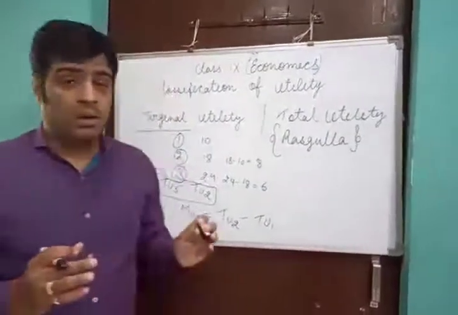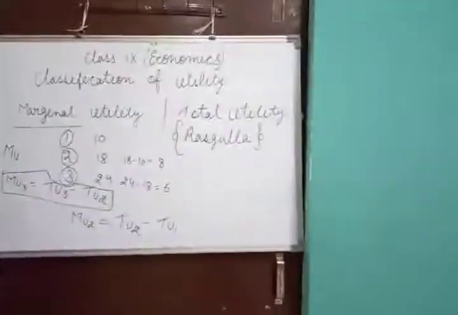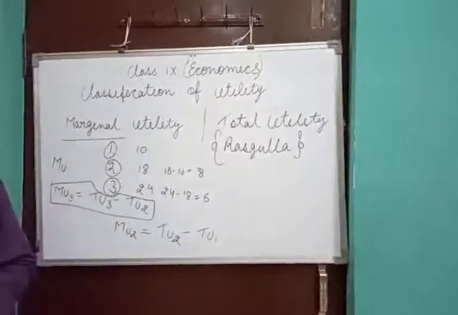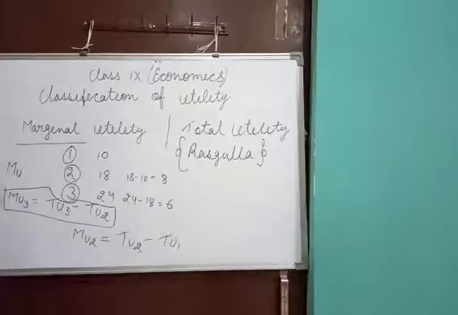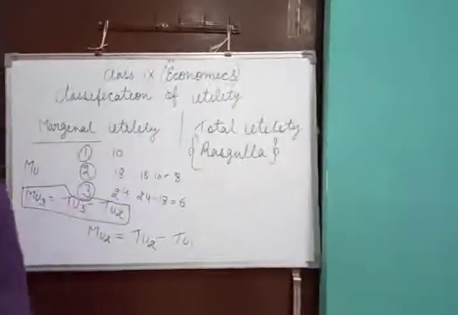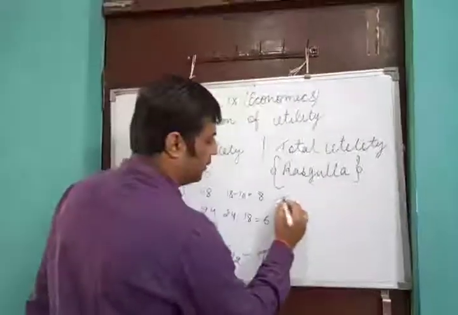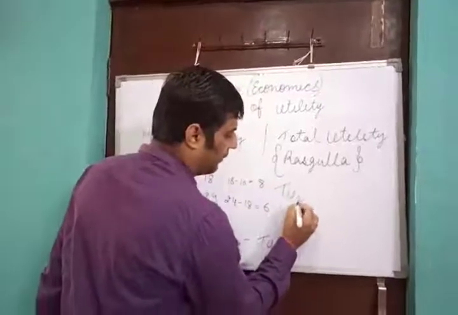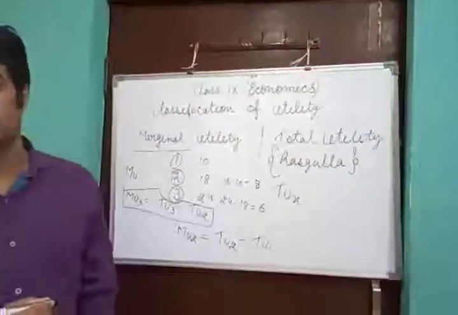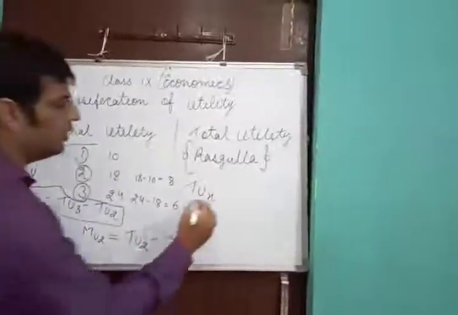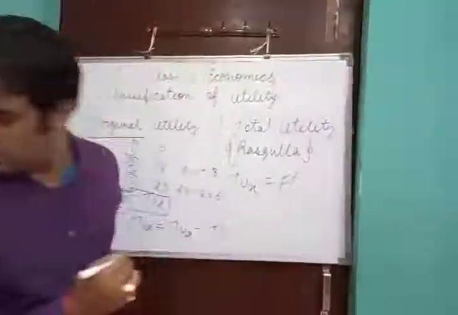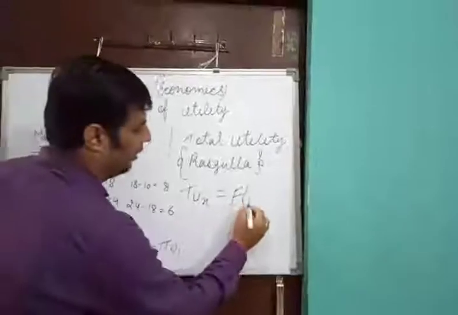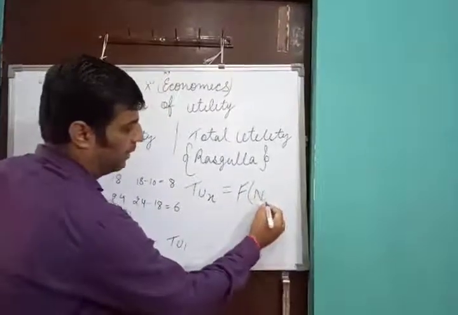Now, we can also say that the total utility is a function of various quantities of a commodity. That can also be expressed as TUX is equal to F of NX.